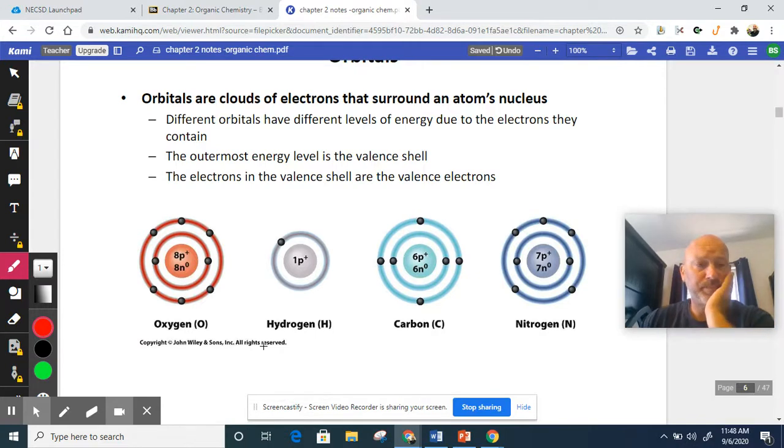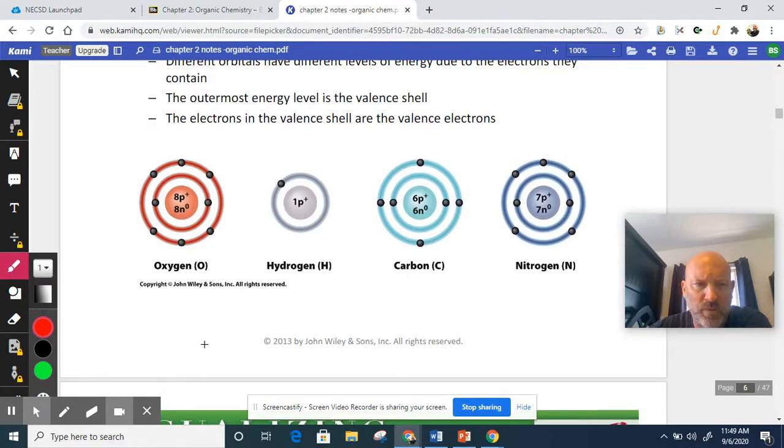This is a couple different pictures of a couple different atoms. We have oxygen, we have hydrogen, we have carbon, and we have nitrogen. And you can see we have different orbitals. If we look at oxygen on the periodic table, for example, you would see the letter O for oxygen.